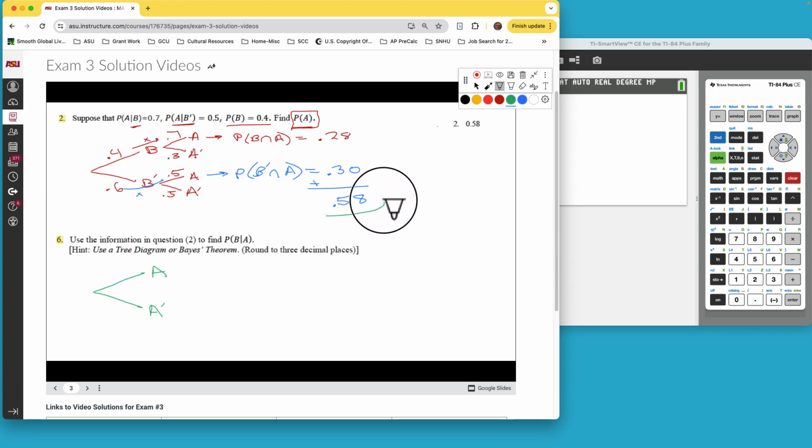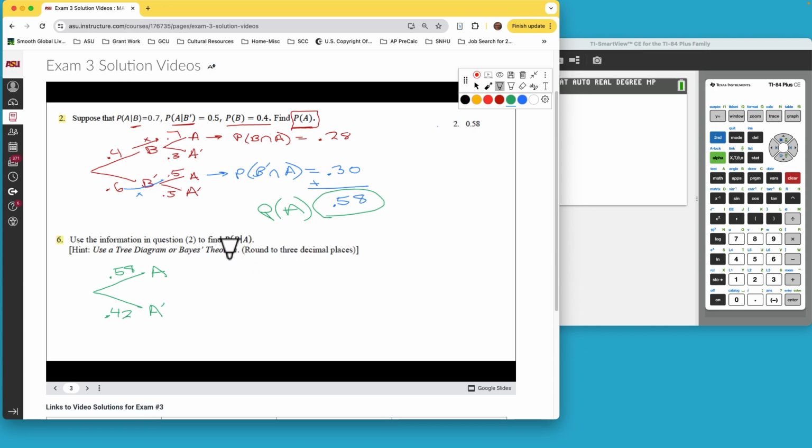We're going to use our information here: the probability that A happens is 0.58, which is what we got here. And so we can calculate the probability of A not happening, which is 0.42, since 100% minus 58% gives us 42%.